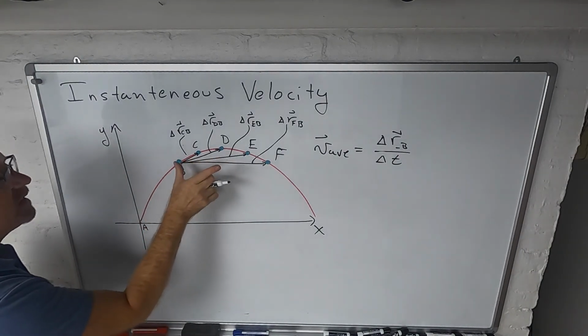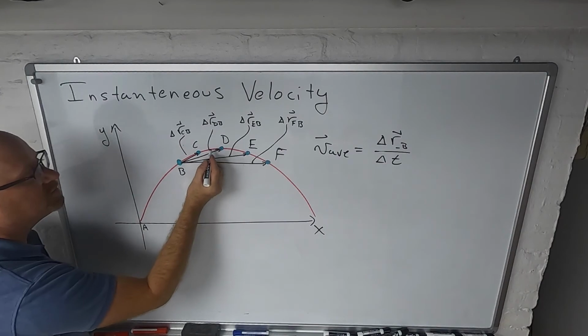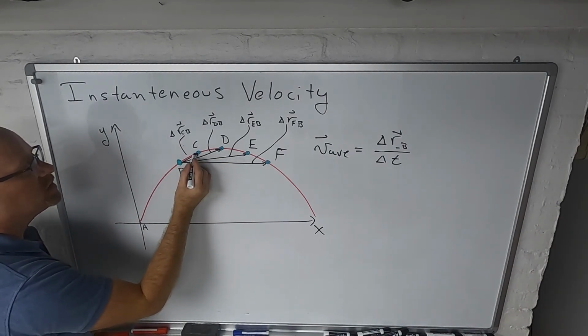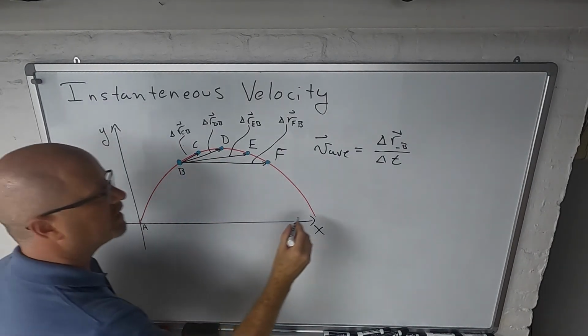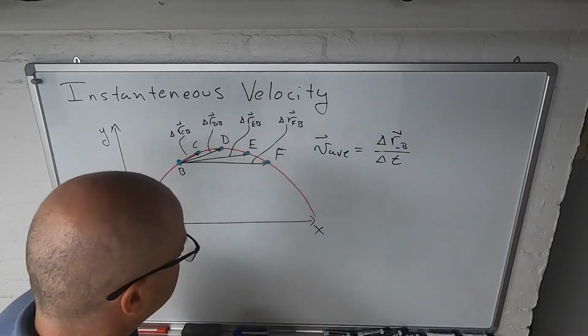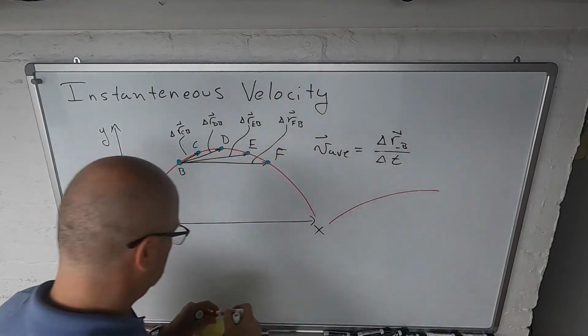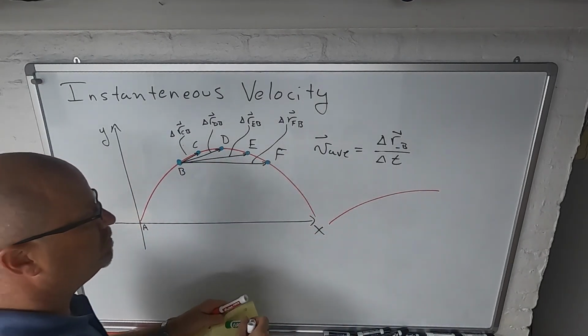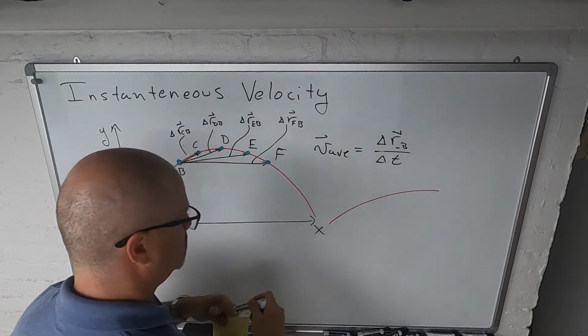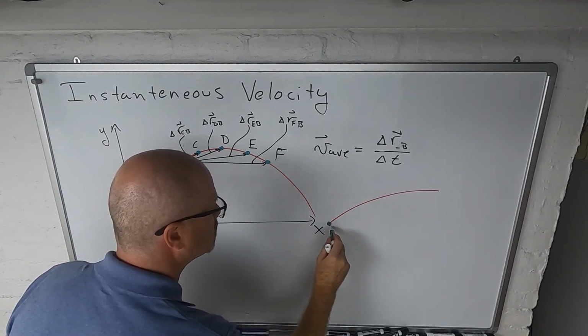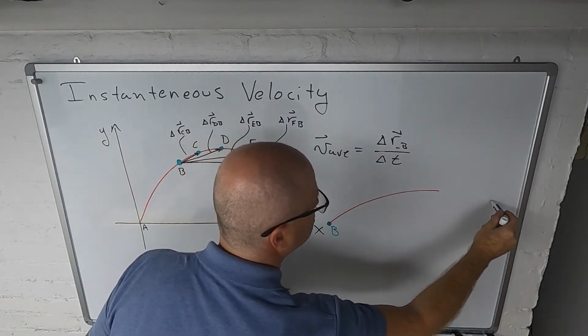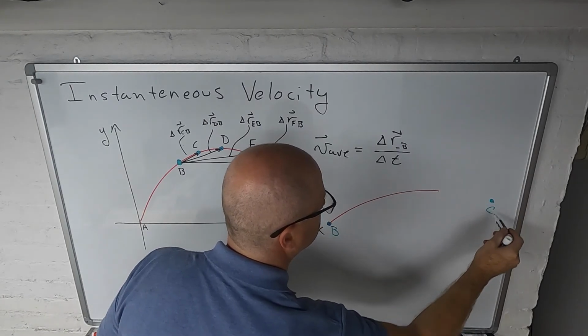So that would mean that the position of the next point in space would creep towards B very, very closely. If I follow this arc, if I sort of blow up my arc and say, this is point B here, and point C is way out here somewhere.